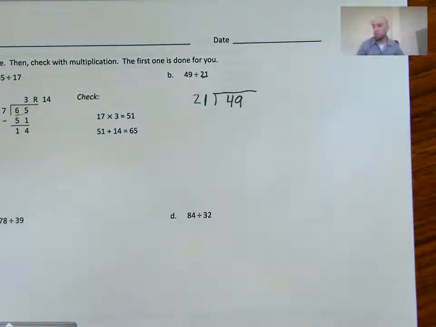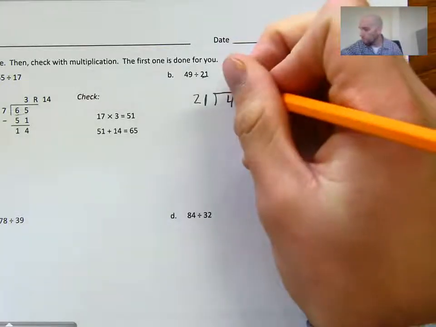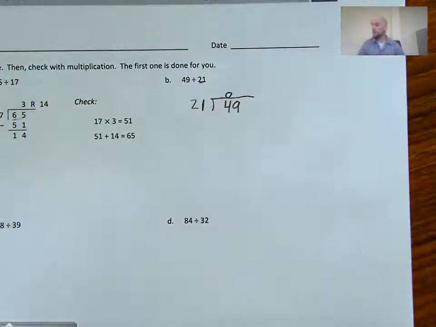We have 21. So this is where it's going to be a little bit different than what we were doing in lesson 19. So I need to figure out how many times 21 goes into 49. I know it doesn't go into 4, so I can put a 0 there. And instead of skip counting by 21s, which could be a little bit challenging, I'm going to round that number to a multiple of 10, something that's easy to multiply by.